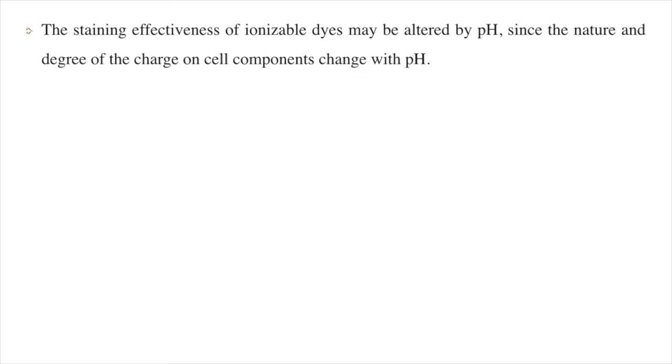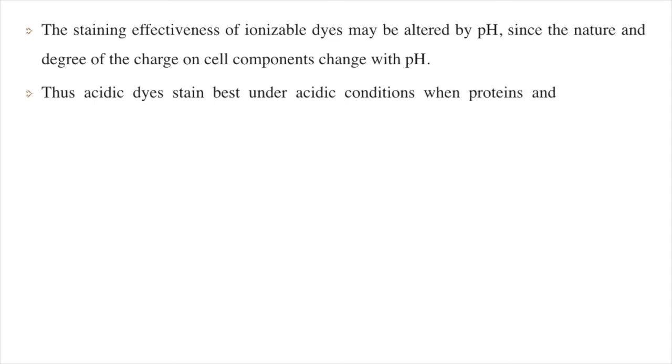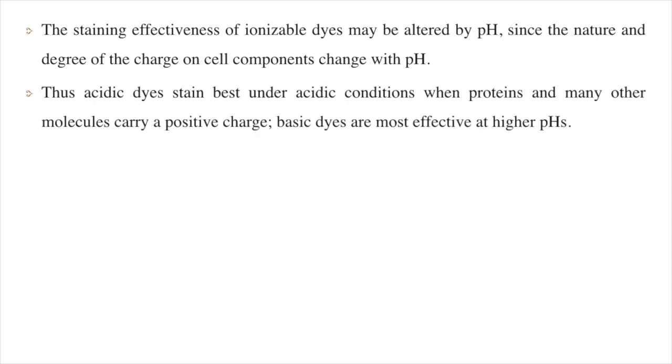Next, some properties affect the ionizable dye's effectiveness. What are the properties? The staining effectiveness of ionizable dyes may be altered by pH, since the nature and degree of the charge on cell components change with pH. So the effectiveness of ionizable dyes such as the basic and acidic dyes may be altered by pH, because the degree of charge on the microbial cell components changes with pH.